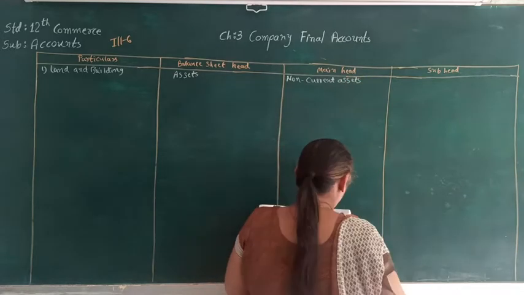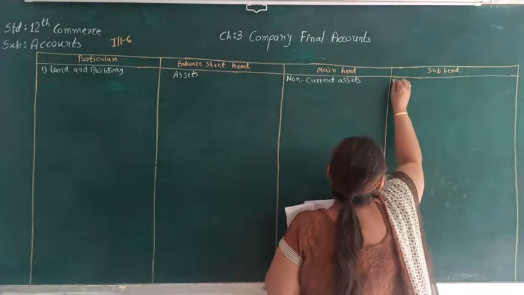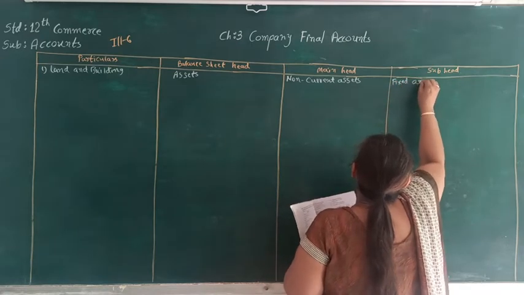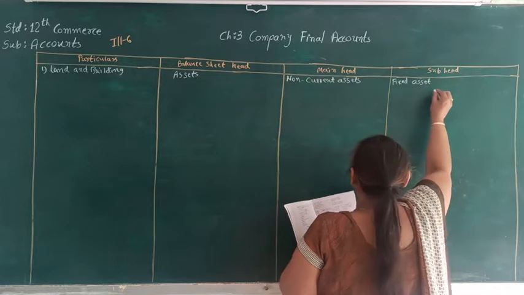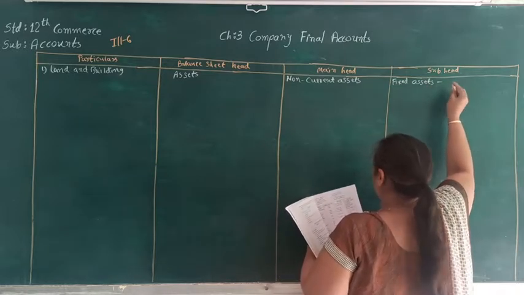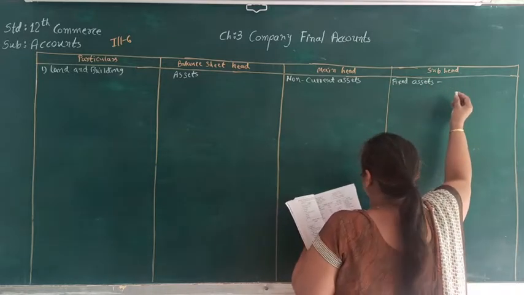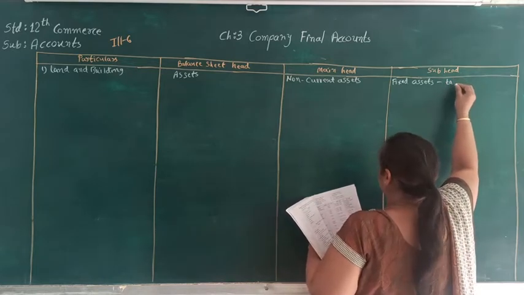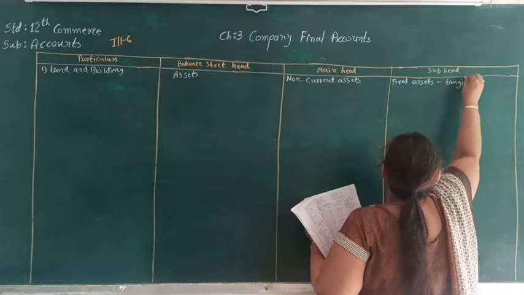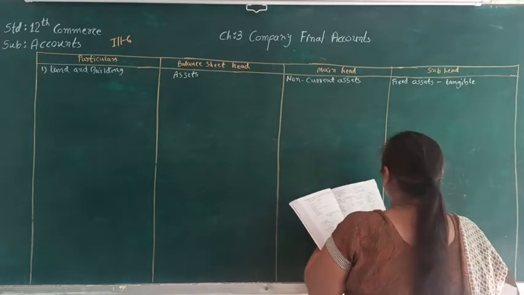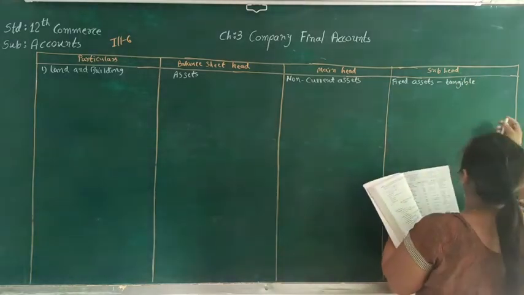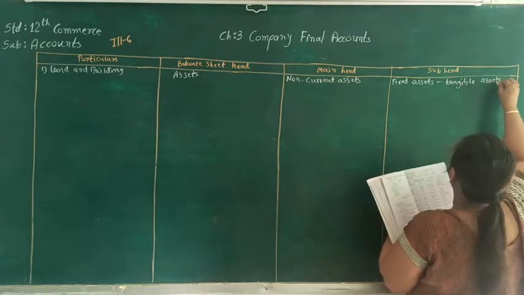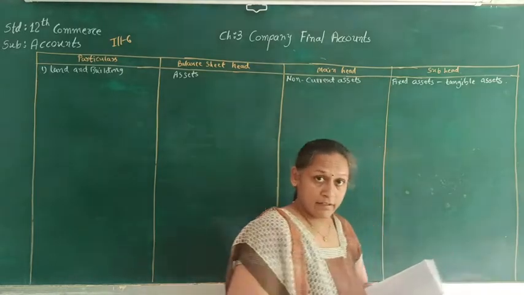And again the subhead is fixed asset, and tangible non-current asset. Fixed asset, where? Tangible, non-current here. So it is a tangible asset. So that is the head.